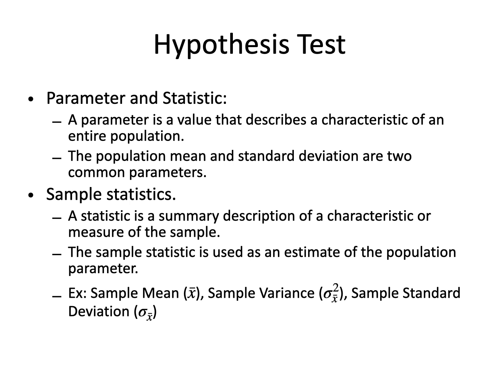A statistic is a summary description of a characteristic or measure of a sample, used as an estimate of the population parameter. Common sample statistics are the sample mean, sample variance, sample standard deviation, and so on.